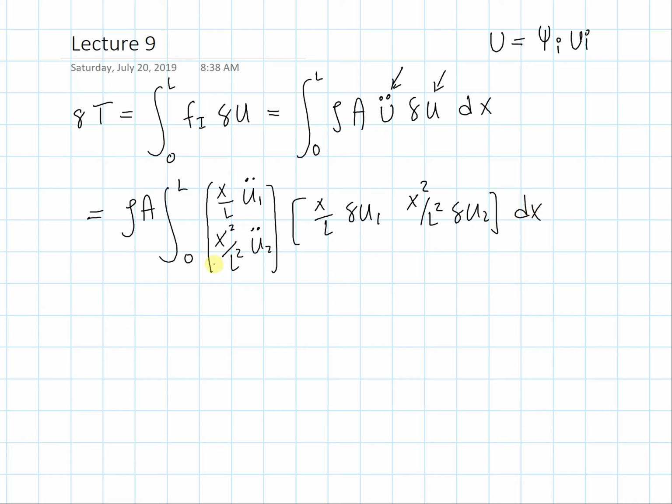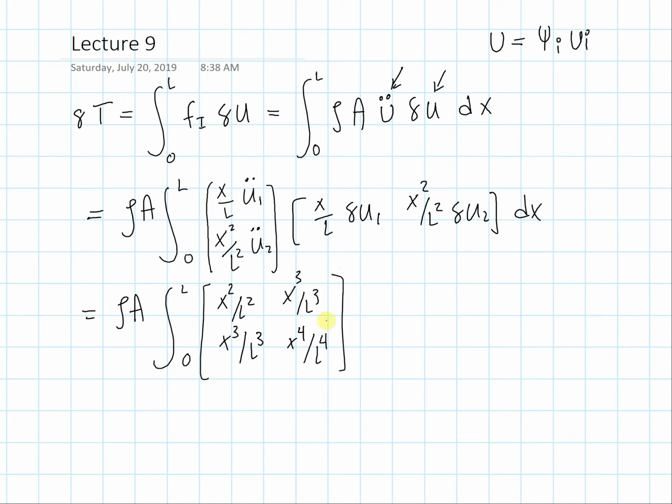All right, now let's multiply these two vectors, and we're going to have the following setup. We're going to have x squared over L squared, x cubed over L cubed. It's going to be symmetric. And then x to the fourth over L to the fourth. Then I pull my ui's out, put them here, and I pull my delta u's out and put them here.